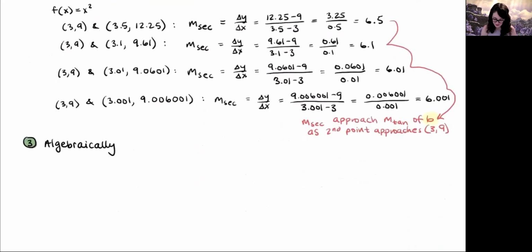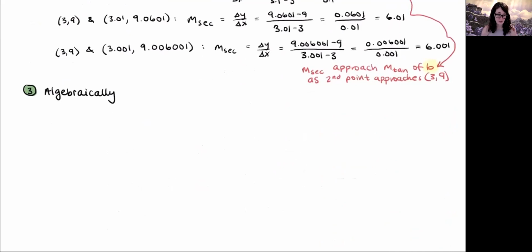So here is how this might be set up. We're going to generalize the second point from the previous method. Instead of choosing a numerical value for it, like 3.1, 3.01, 3.001, we'll say, okay, what we're doing is we've got 3 plus a little bit.